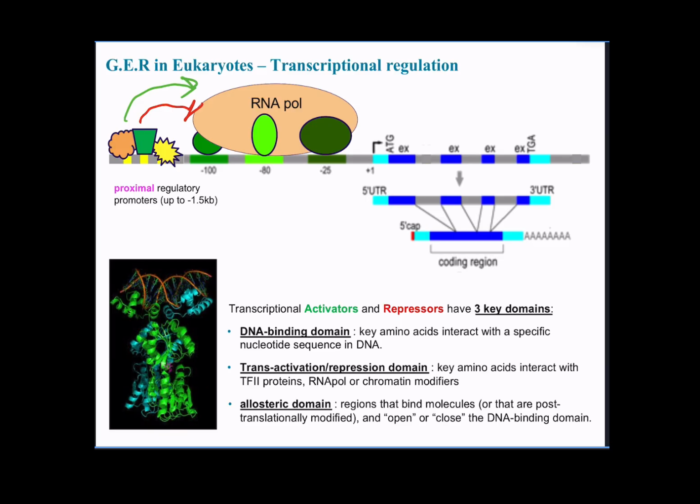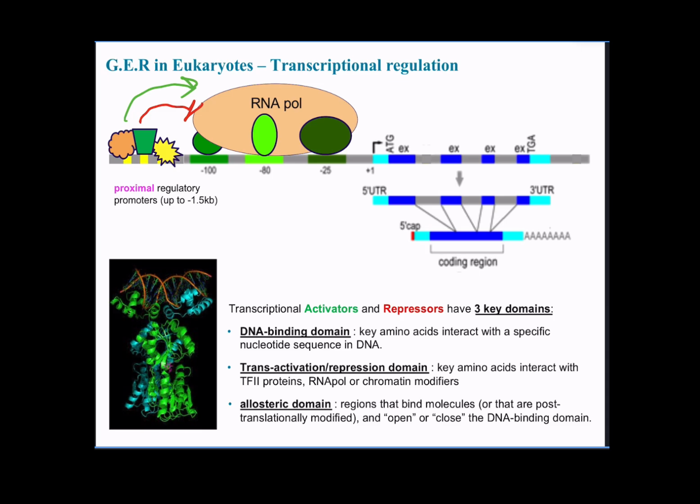So unlike prokaryotes, where that activation or inhibition of transcription is more direct, you have, for instance, those repressors blocking the passage of RNA polymerase, physically just stopping it, or activators that interact with the sigma factor and RNA polymerase to bring them to the core promoter.